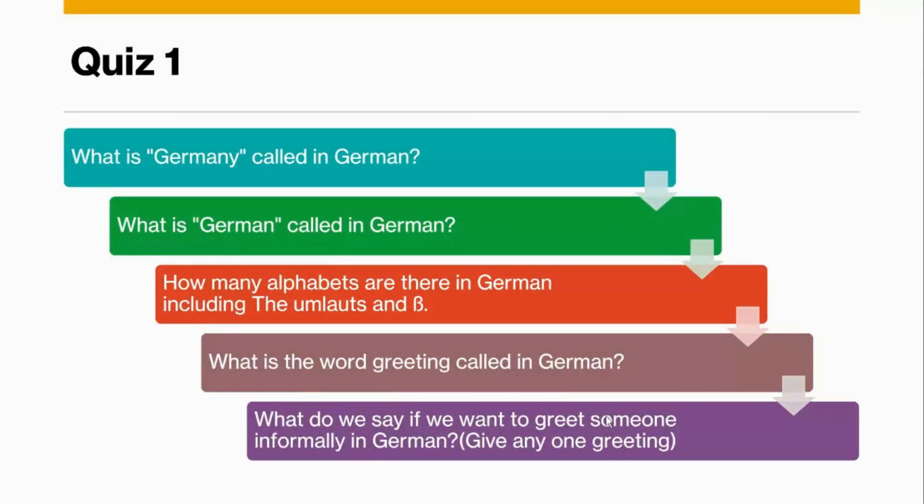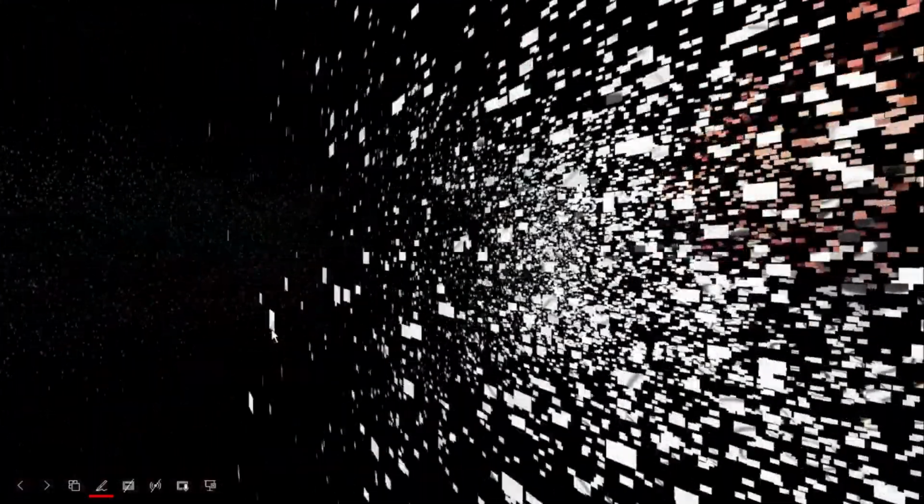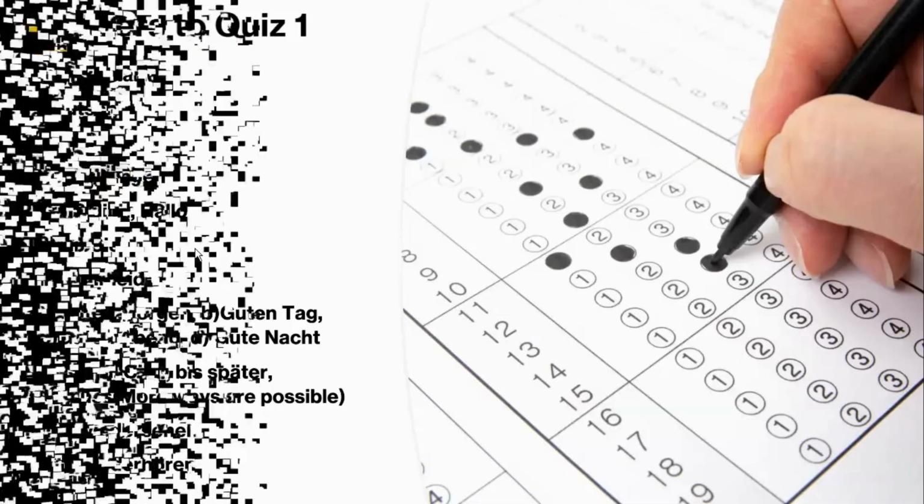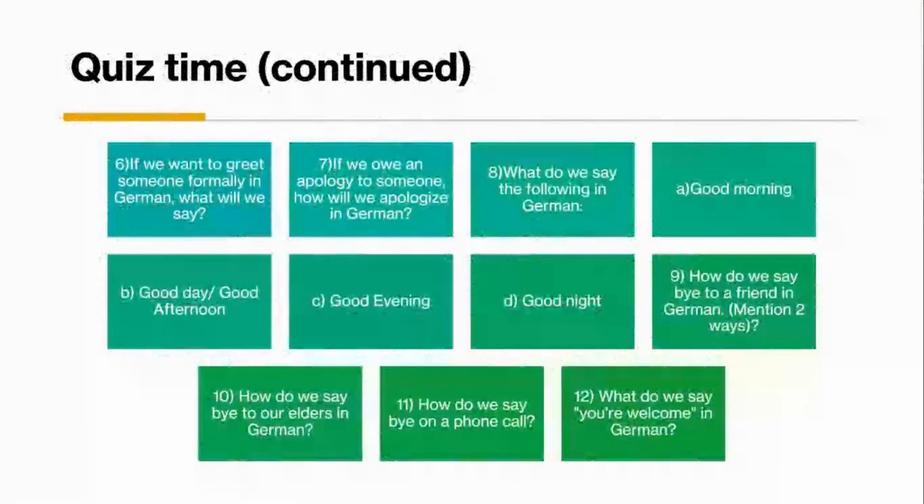Let's have a look at the next question. What do we say if we want to greet someone informally in German? We have to give any one greeting. Over here, I've given you two greetings, but you can use any one of these. So the answer is Grüß dich oder Hallo. The next question is, if we want to greet someone formally in German, what will we say?